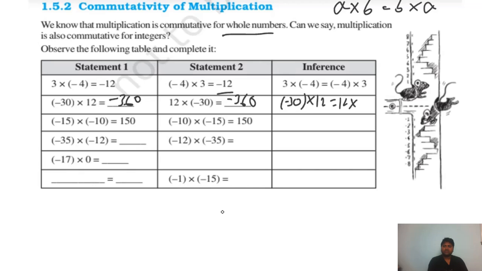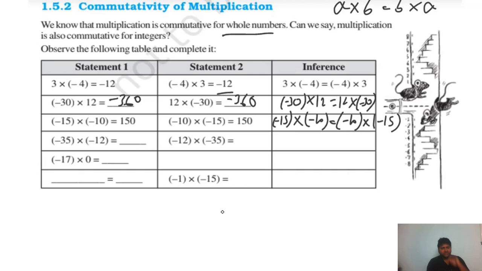Minus 15 into minus 10 is plus 150, and minus 10 into minus 15 is also plus 150. So minus 15 into minus 10 equals minus 10 into minus 15.